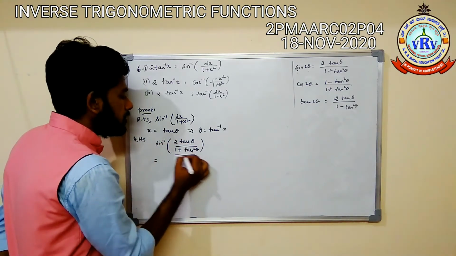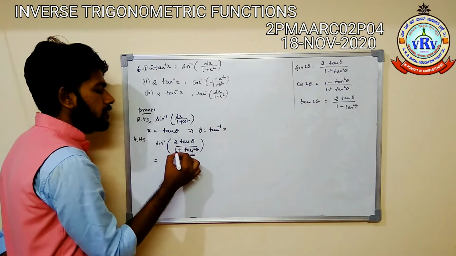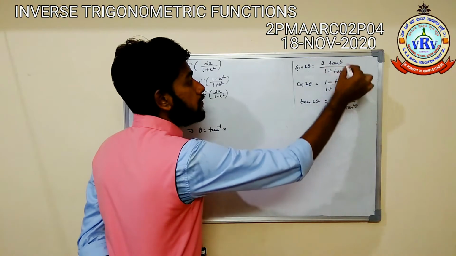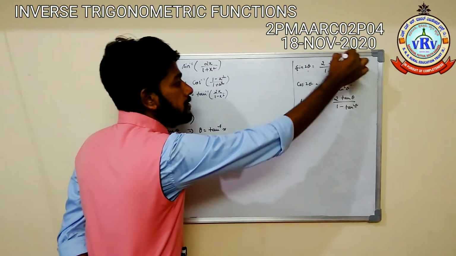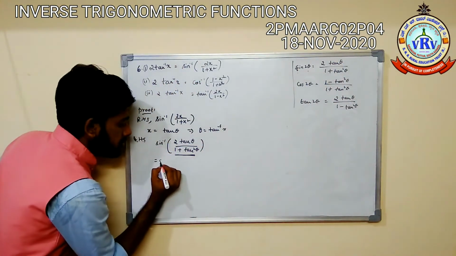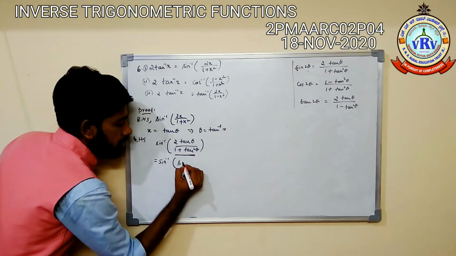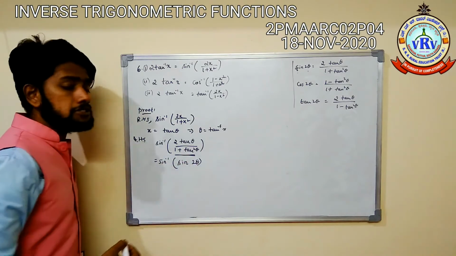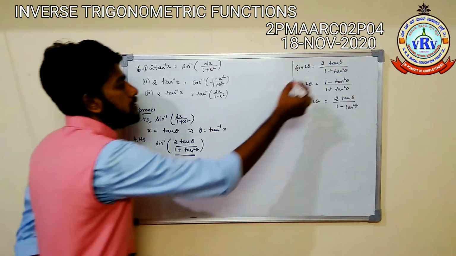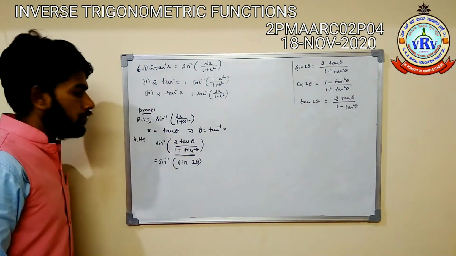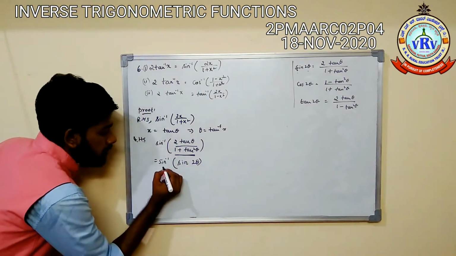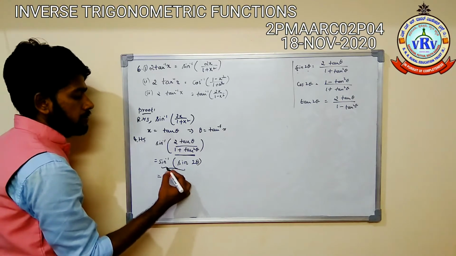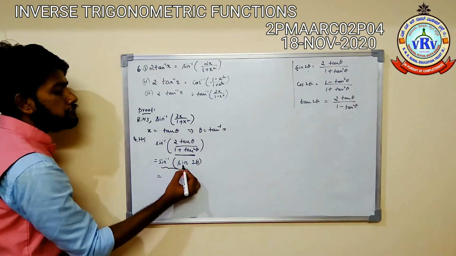Now you can observe in the bracket, it is 2 tan theta divided by 1 plus tan square theta, which is the same as the right hand side of this expression. So I can replace the entire expression as sine 2 theta, using this property of trigonometric function. And you can observe the inverse functions are adjacent, right? Here sine inverse of sine 2 theta.